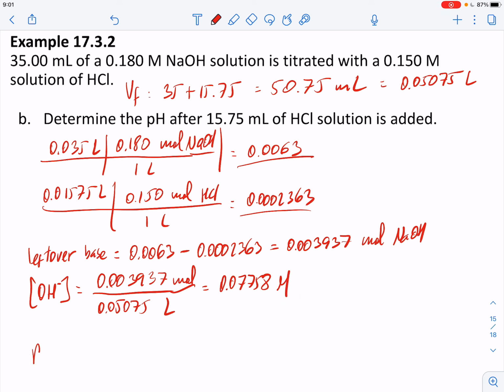The pH is going to be equal to 14 minus the minus log of 0.07758, and this is equal to 12.89.